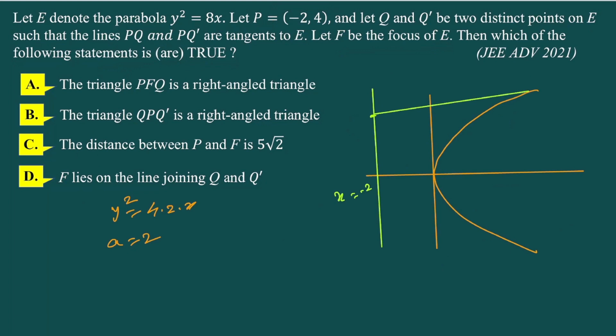Suppose this is the point Q and this is the point Q dash. They end in the focal chord. Therefore, everyone, this is the focal chord.